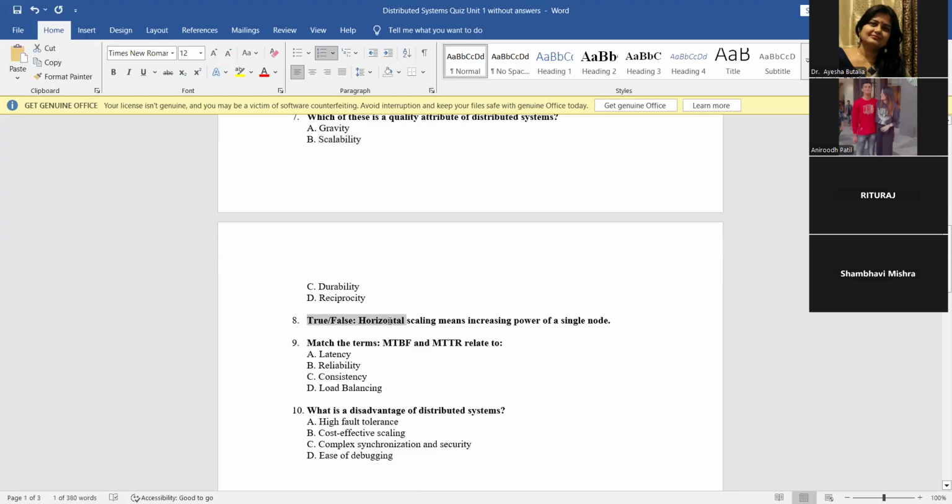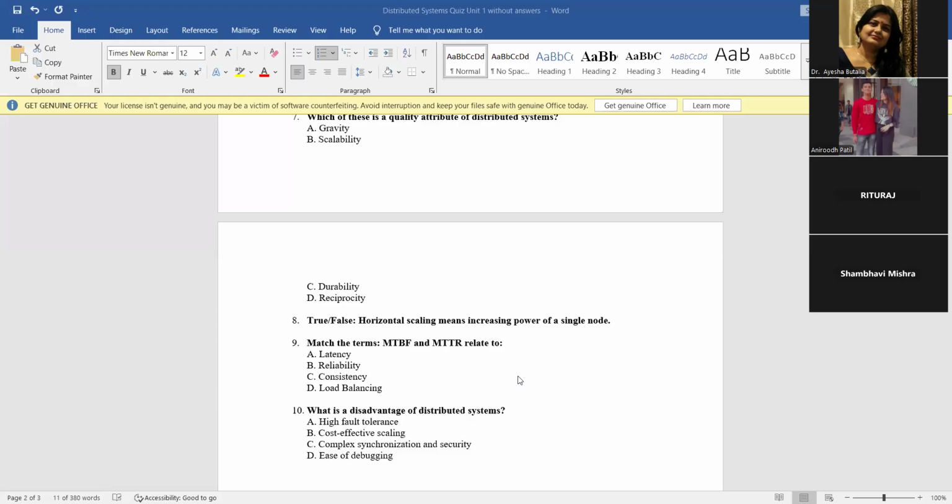Yes. What about the eighth question? Horizontal scaling means increasing power of a single node. I'll give you time to answer this. What do you mean by horizontal scaling?